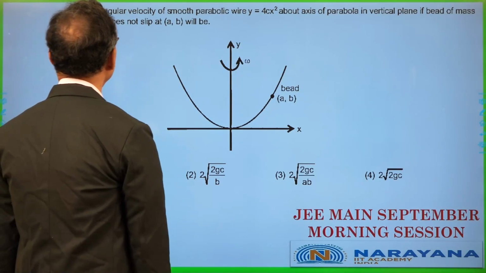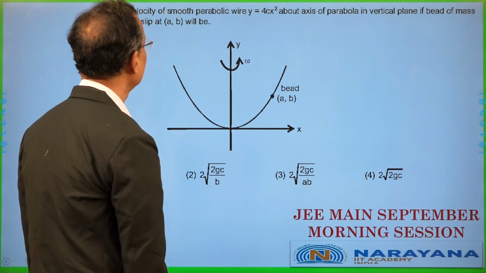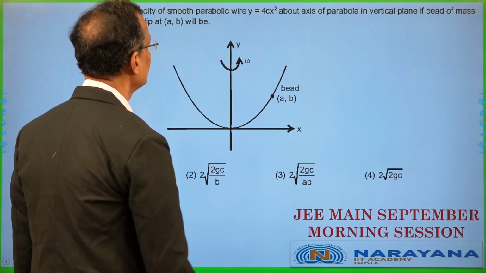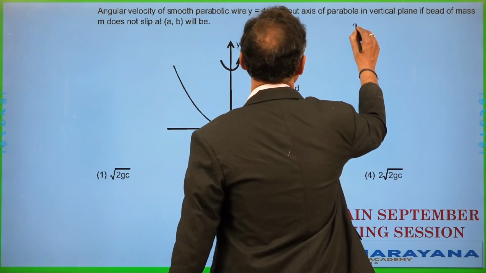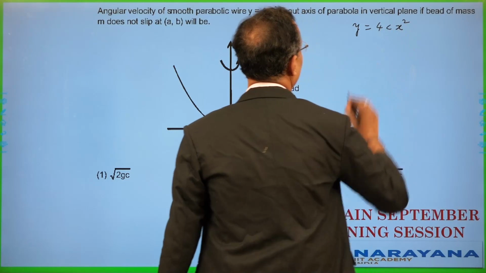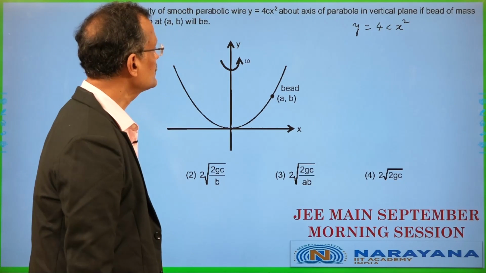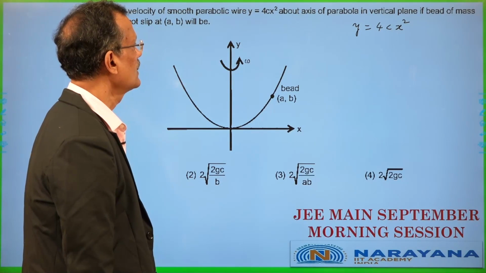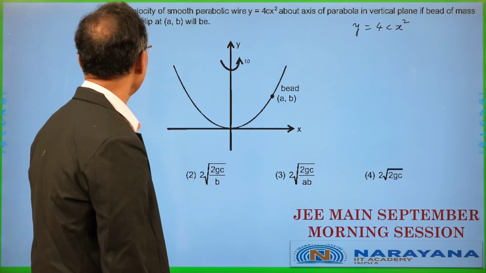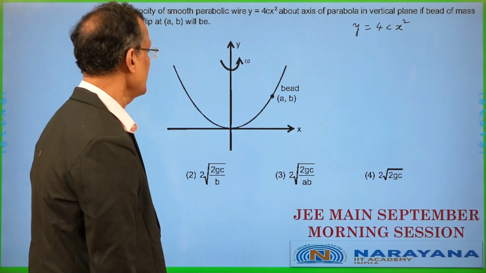Angular velocity of a smooth parabolic wire y equals 4cx squared, about the axis of the parabola in a vertical plane, if a bead of mass m does not slip.